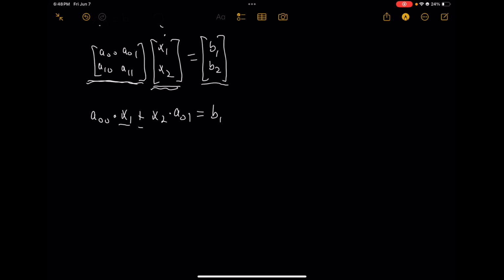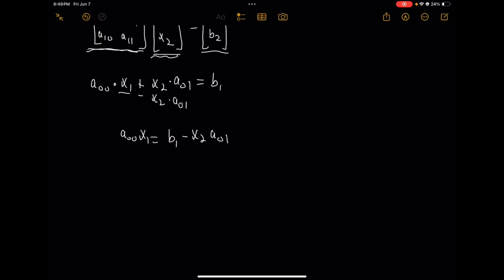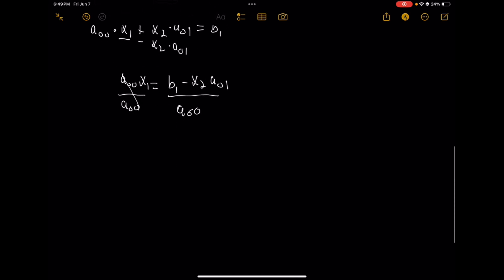To solve for that, we would subtract x2 times A0,1 on both sides, and you'd get A0,0 x1 equals B1 minus x2 A0,1. Then we would divide by A0,0 on both sides because we want to get x1 by itself. This gives us x1 equals B1 minus x2 A0,1, all over A0,0.